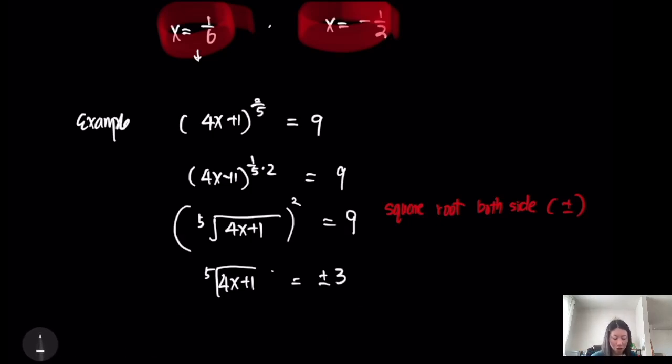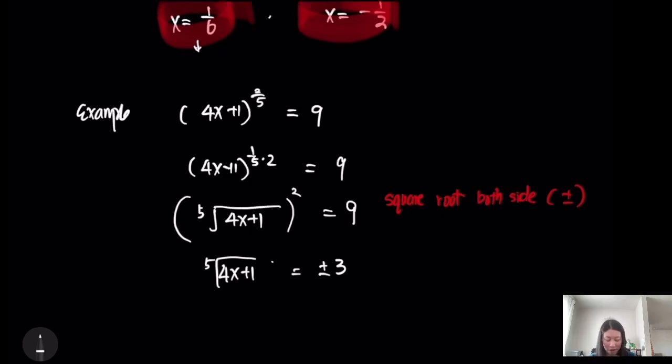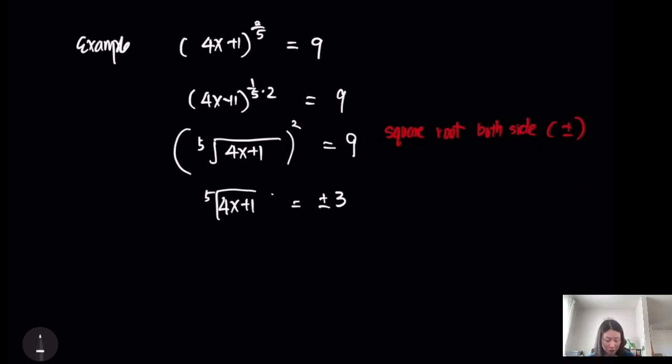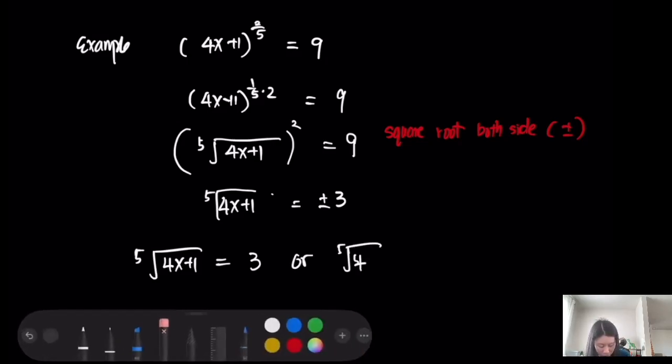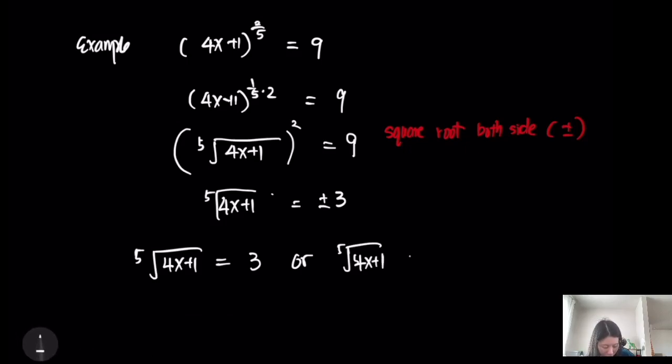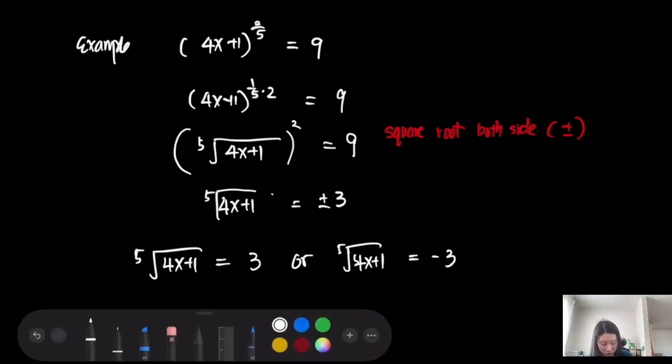Now, remember that you will have two answers. To avoid the sign error, you need to write it into two equations. So the 5th root of 4x + 1 equals positive 3, or the 5th root of 4x + 1 equals negative 3. So now I need to raise that to the 5th power on both sides.